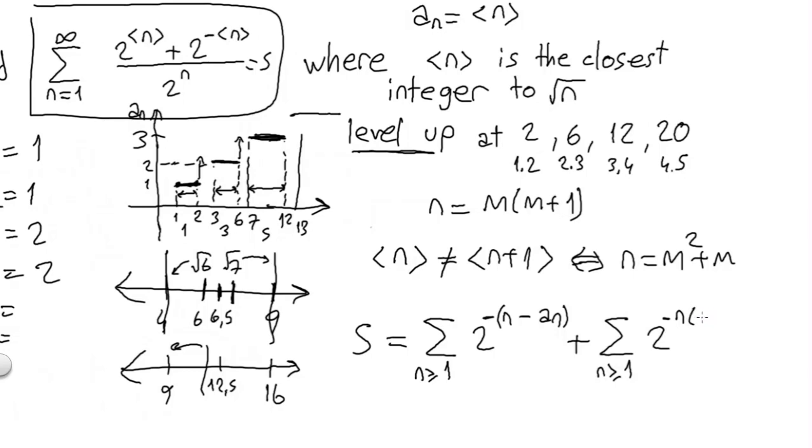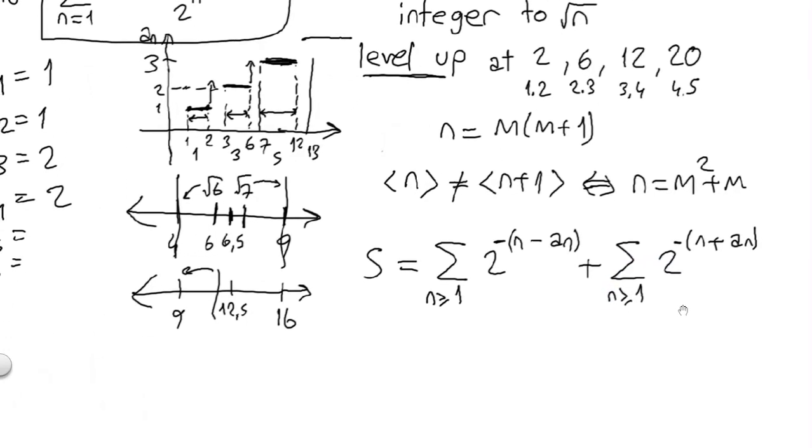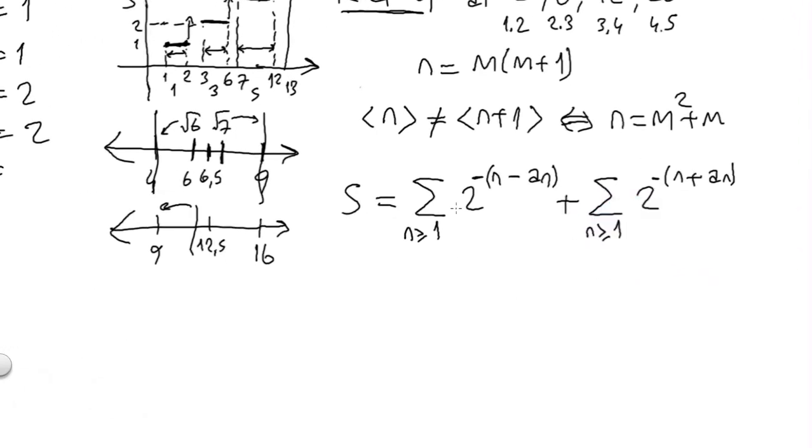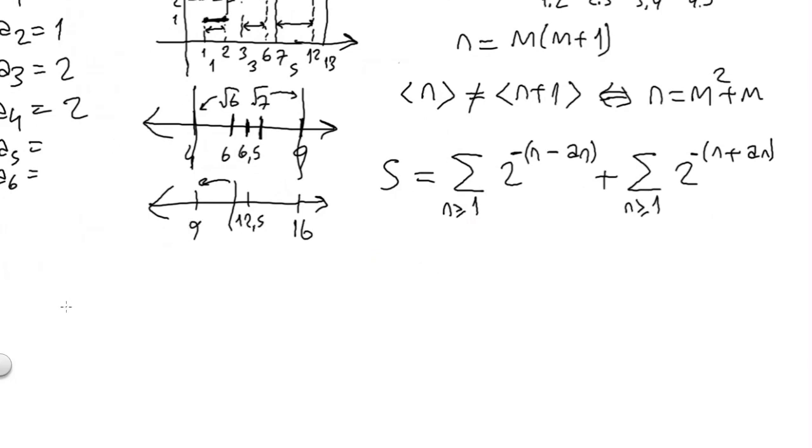It's not so important, but wait. I take it inside, n plus an. Okay, cool. So this is my required sum. And so now let's directly write n minus an and n plus an values. So I'm going to write the sequence of n plus an. Okay.